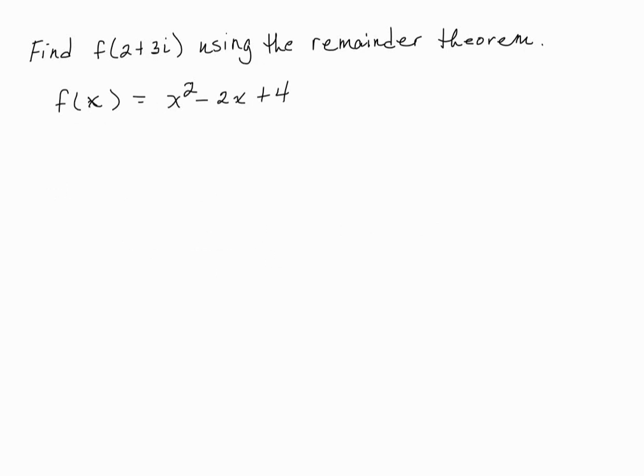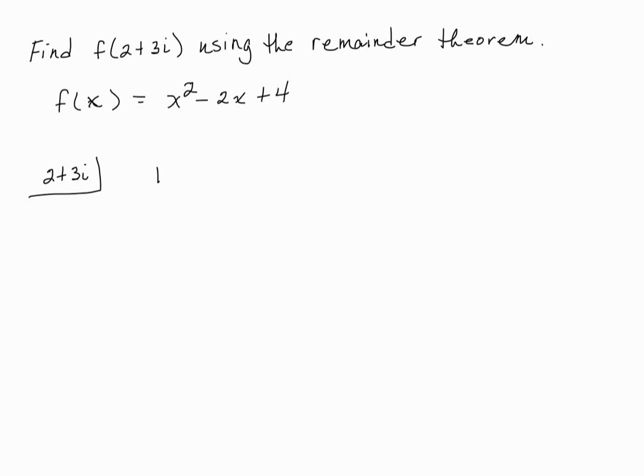Okay, on my next example, I want to find f of 2 plus 3i using the remainder theorem. So 2 plus 3i is my divisor. It's going to go over here in my box. And my coefficients are 1, negative 2, and 4.